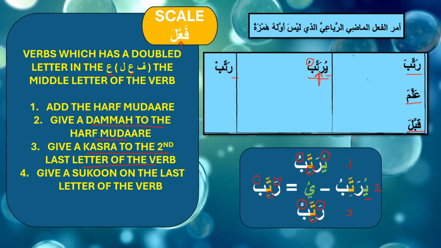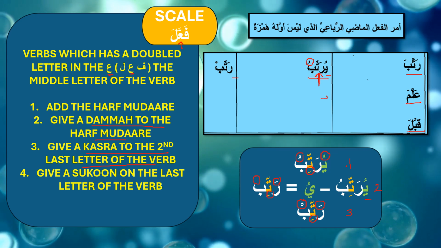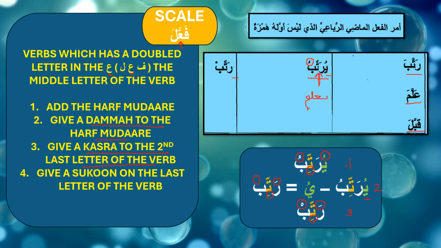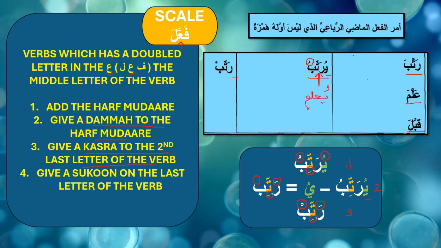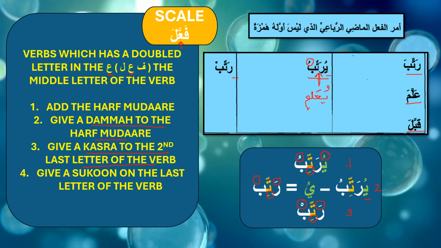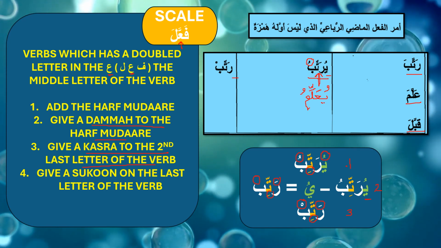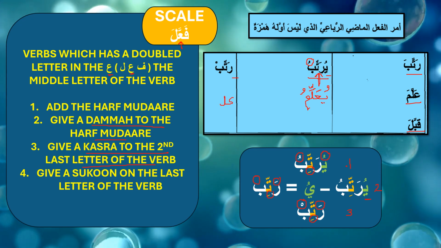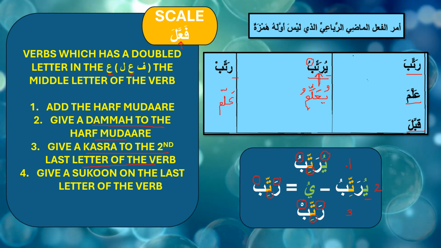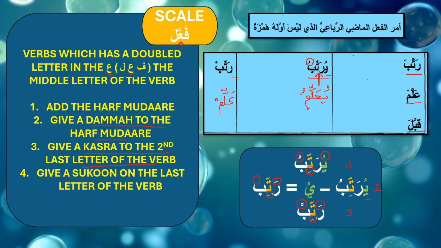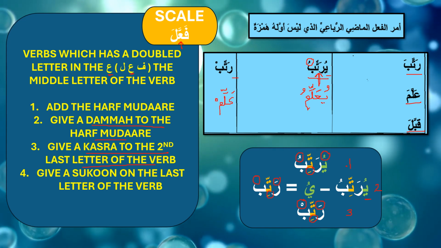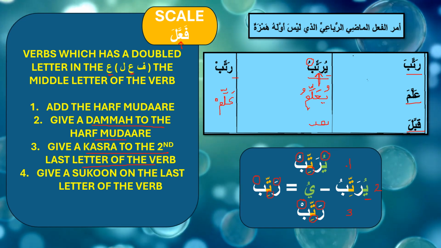So in case of yu'allim, yu'allimu, harf mudare having a dhamma, ain having a fatha, and this lam will have a kasra and mim with dhamma. So it's allim. The structure remains the same. Mim gets a sukoon. In case of qabbala, yuqabbilu.